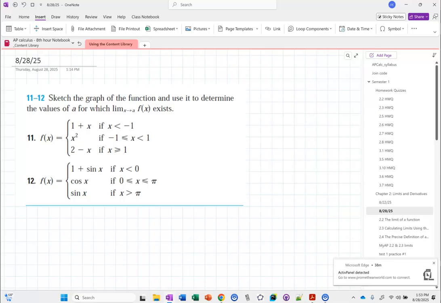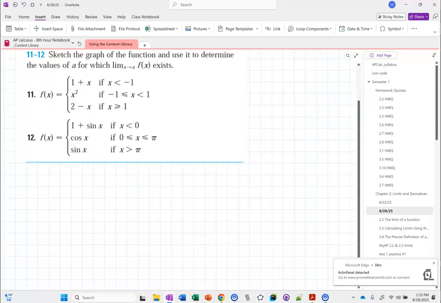All right. It says sketch the graph and then use that to determine the values of a for which the limit exists. I'm going to draw the one for 11, because it's the same process as 12. Could you do 12?